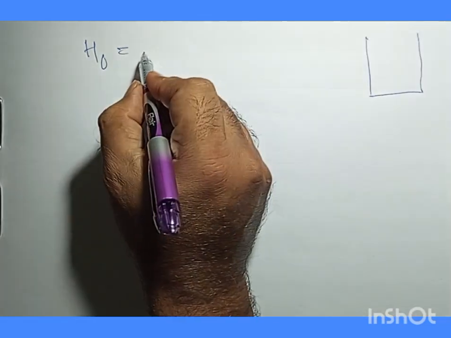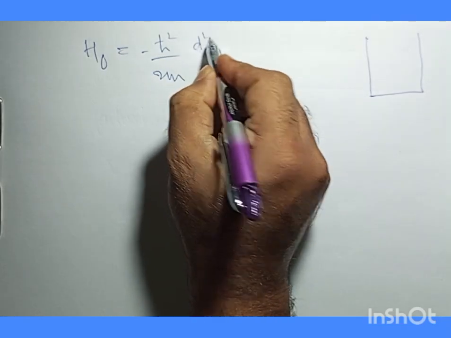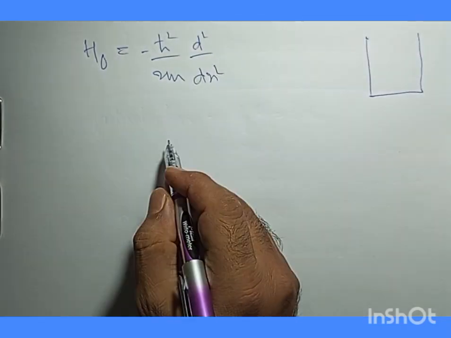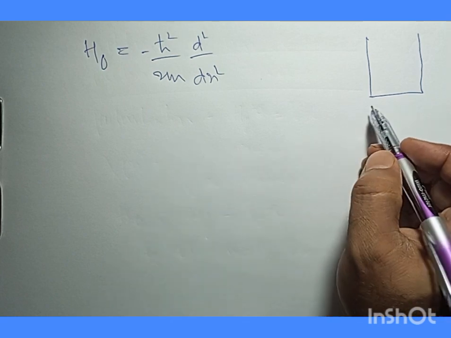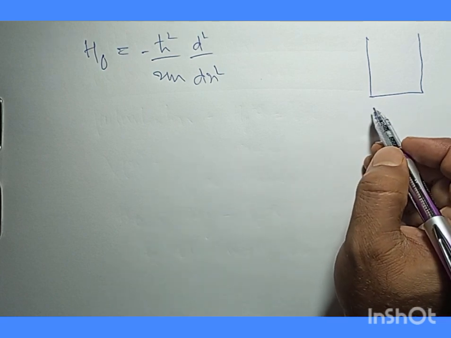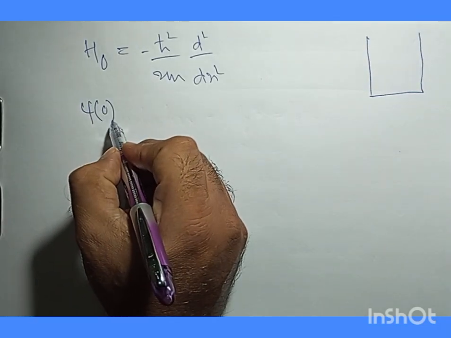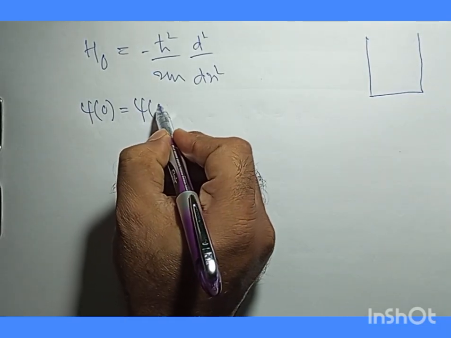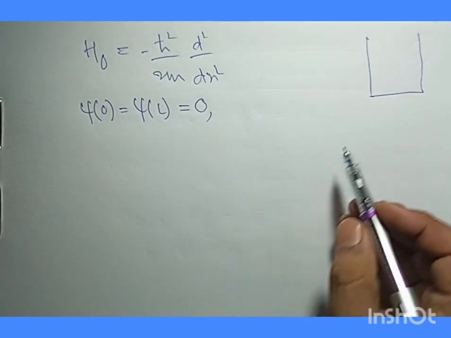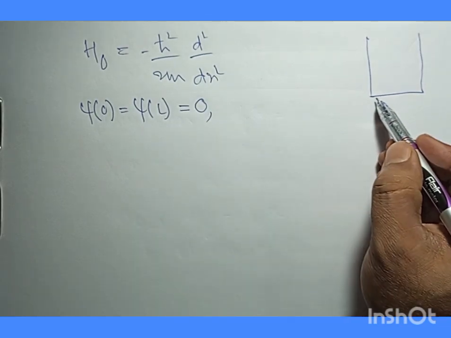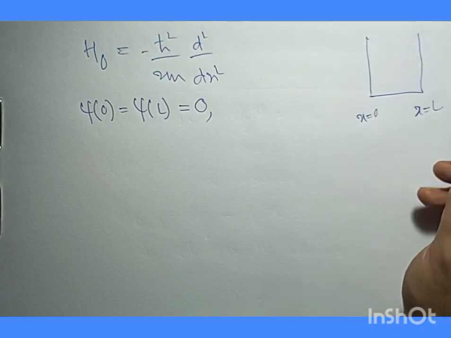So this H naught will be simply minus h bar squared by 2m d2 by dx2. And with the boundary conditions, we have psi of 0 equal to psi of L equal to 0. This is because the wave function must vanish at x equal to 0 and at x equal to L.